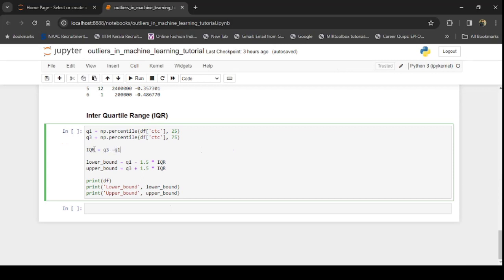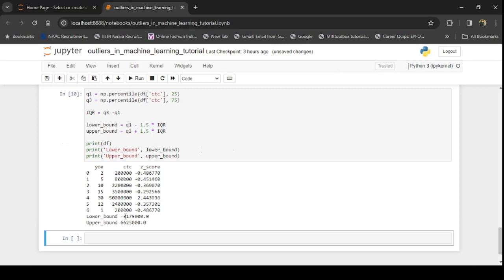After evaluation of IQR value, we can easily calculate the lower bound and upper bound. Lower bound can be calculated as Q1 minus 1.5 into IQR and upper bound can be calculated as Q3 plus 1.5 into IQR. Let's run this to check out the lower bound and upper bound in IQR method.